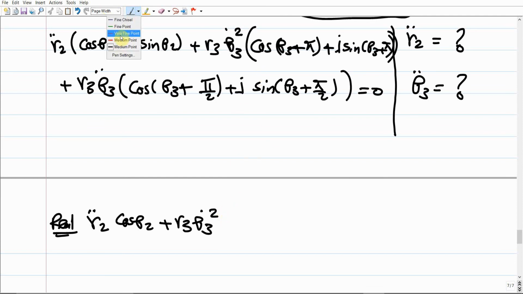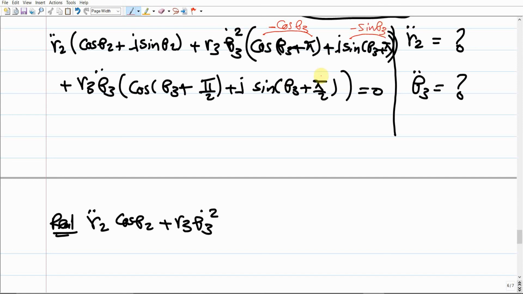Like this term, very quick here, we do have theta plus pi, so this term will be negative cosine theta 3. And to get rid of this pi, the sine of theta plus pi gives also negative sine theta 3.